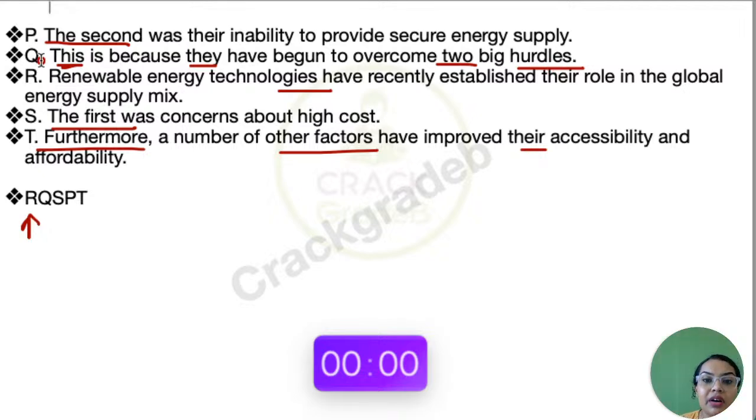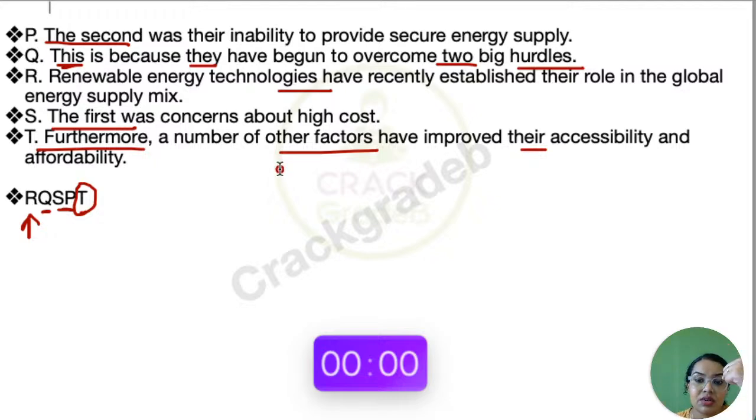Now, there are two hurdles. So, that is in Q. S talks about the first one, P talks about the second one. So, you mentioned there are two things. The first one is ABCD, the second one is XYZ. P was the only tricky one here to understand where to use. You could have used it after S also, you could have thought maybe T is an extension of the first concern, the first hurdle. But if you read, it says a number of other factors.